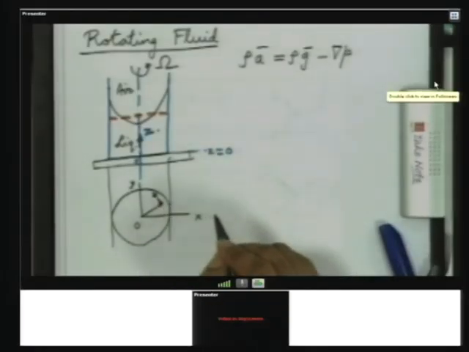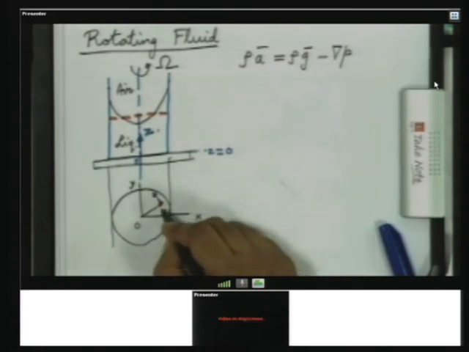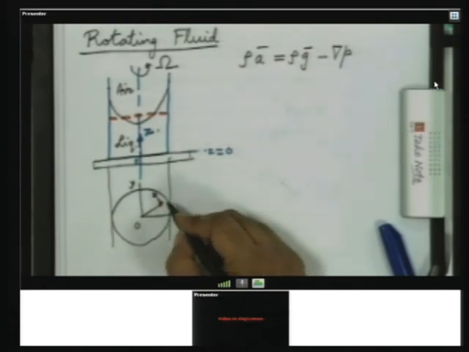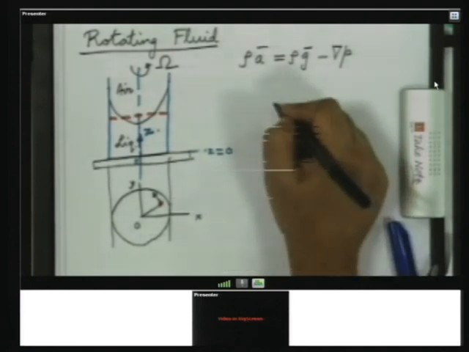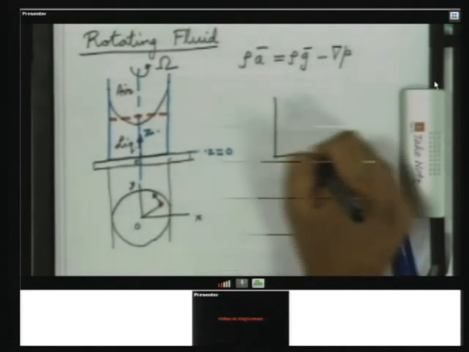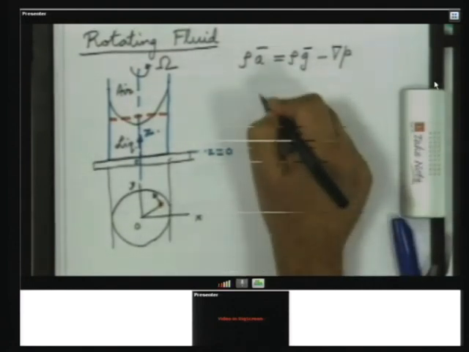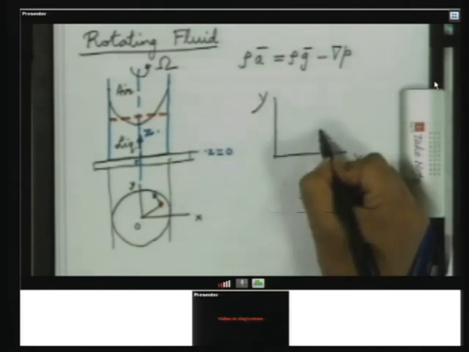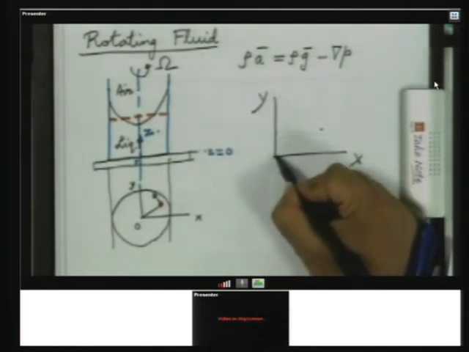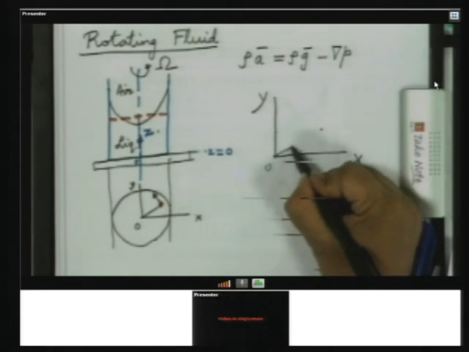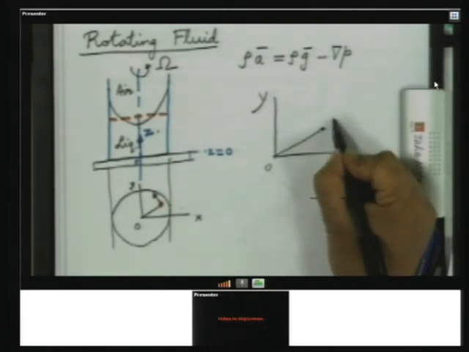Now, later on we may be using cylindrical coordinates to solve some problems. So, there is no harm in introducing cylindrical coordinates at this juncture. So, in cylindrical coordinates, I will show the view in the xy plane. If you have a point here, you draw a radial line from the origin to this point.